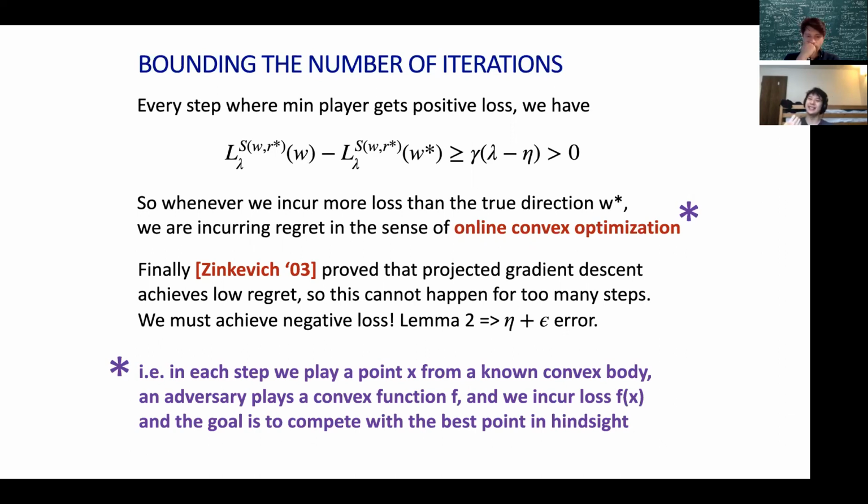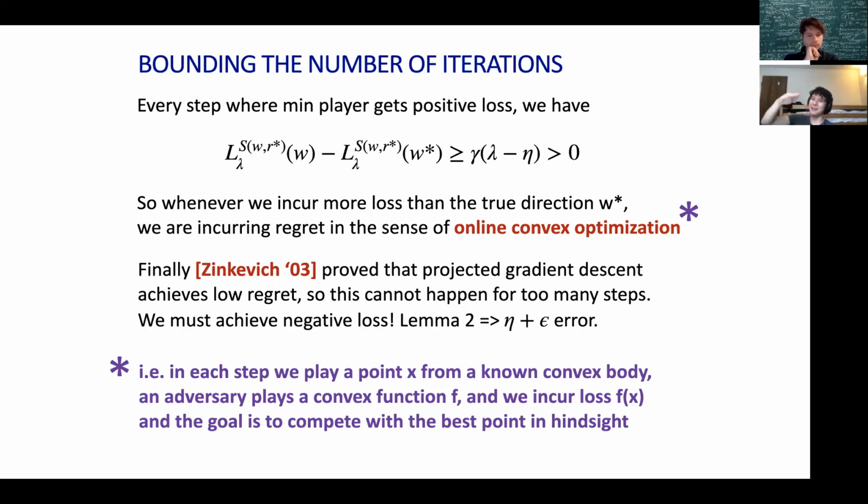And if you know about the different analyses of gradient descent, one of them proves that even if the loss function is changing at every step, you still cannot have this situation. Basically gradient descent is low regret in the sense that no matter what sequence of convex losses you give me, I'm not going to do too much worse by playing the gradient descent iterates than I would by fixing the optimal weight W star.